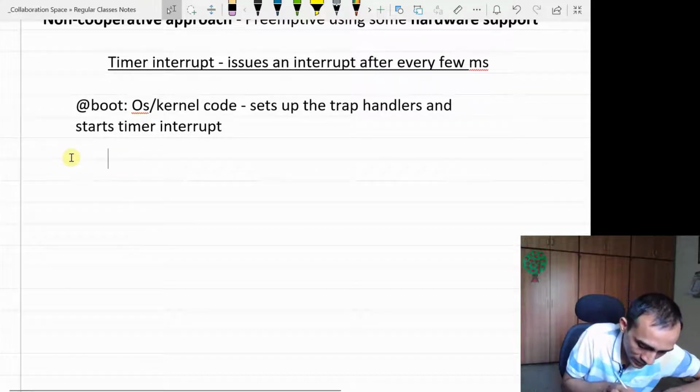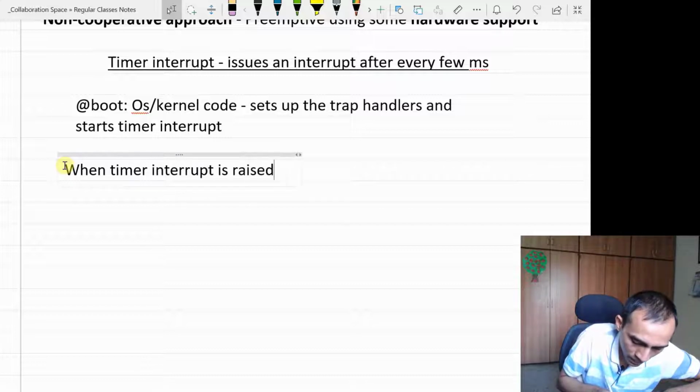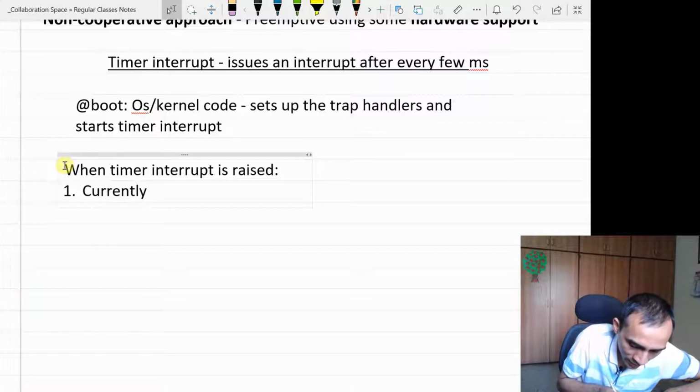Okay, so what happens when a timer interrupt goes off? When the timer interrupt is raised, first of all, the hardware will get involved. It will halt the currently running process.